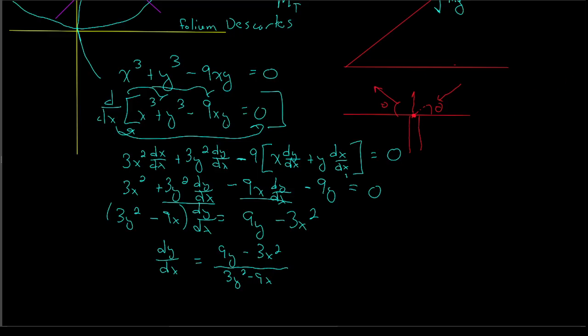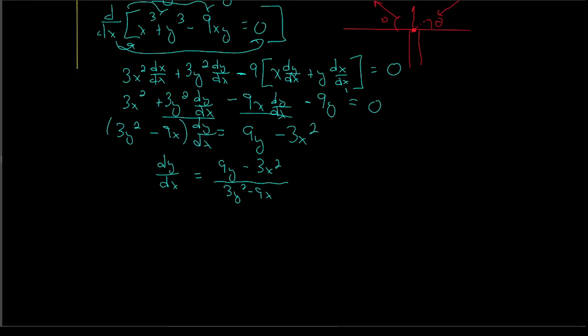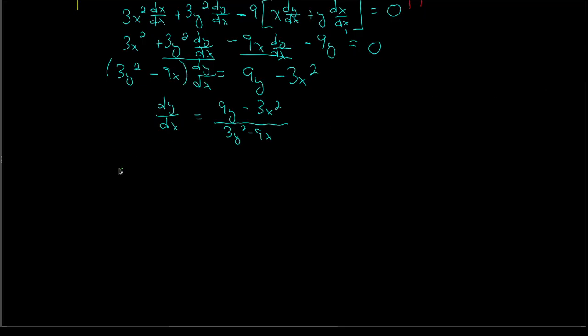And since I'm looking for the slope at 2 comma 4, we'll evaluate this at 2 comma 4, which is equal to 9 times 4 minus 3 times 4 over 3 times 16 minus 9 times 2.